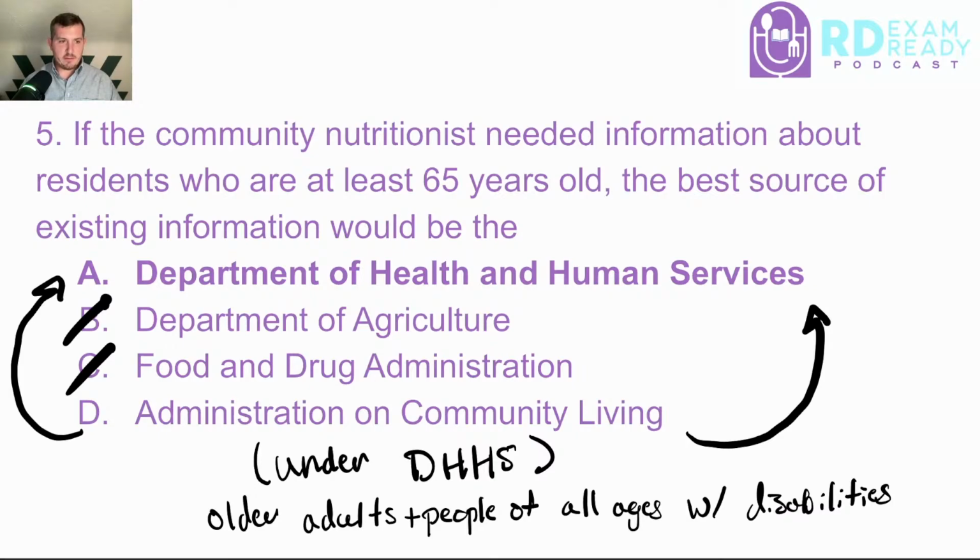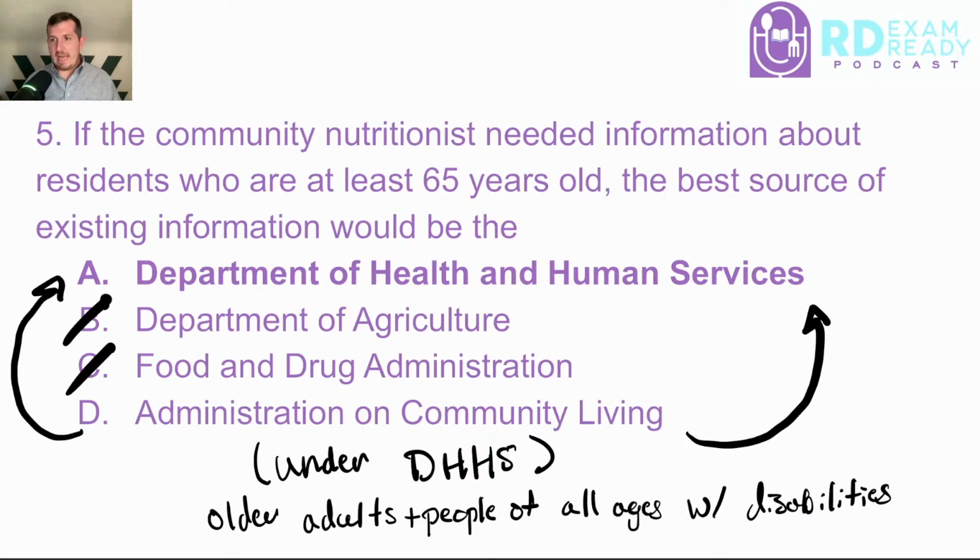So, Department of Health and Human Services, that's where I would say you want to go for your information about the residents who are at least 65 years and older. And I'd say the administration on community living would be more of where we would direct them to find resources, if that makes sense. So D would be better for the community living space where you would find the resources. DHHS would probably be where you're going to find the necessary information.